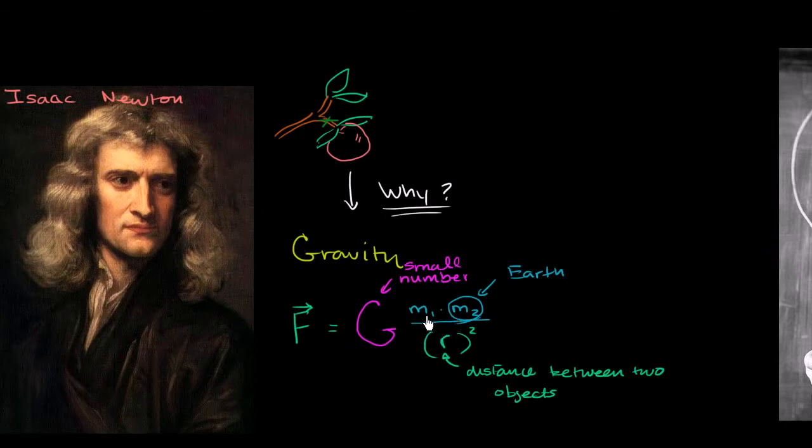So between the center of me, and I won't go into the detail of that, I'll make a more detailed video on center of masses, and the center of the Earth. So it's roughly the distance from the surface of the Earth, or if I'm about 5'9", about half of that distance, I guess the distance from my belly button to the center of the Earth is this number right over here.